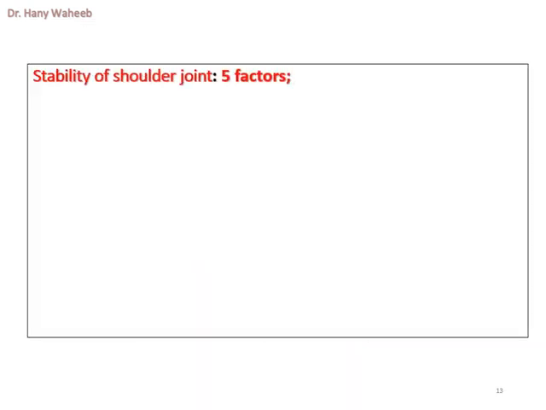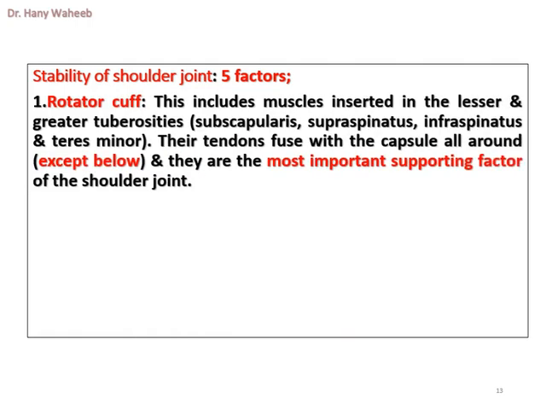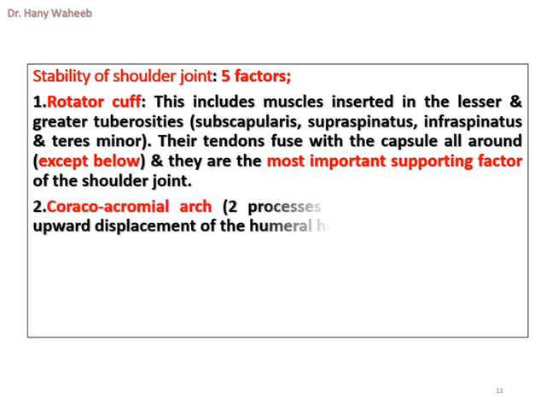Stability of shoulder joint, 5 factors. 1. Rotator cuff. This includes muscles inserted in the lesser and greater tuberosities: subscapularis, supraspinatus, infraspinatus and teres minor. Their tendons fuse with the capsule all around, except below, and they are the most important supporting factor of the shoulder joint. 2.